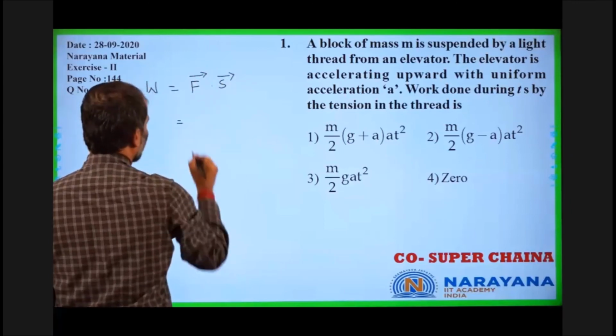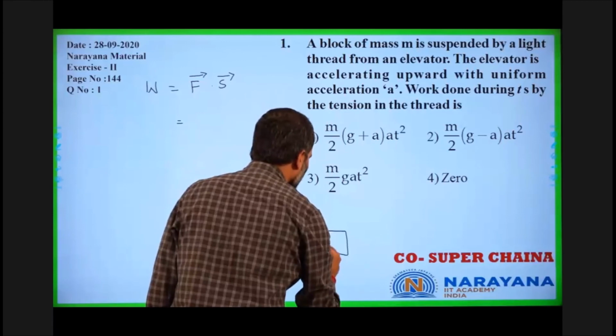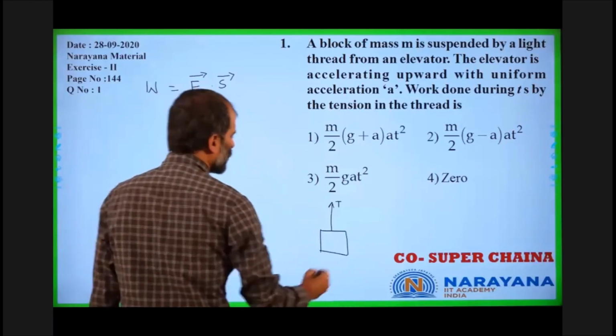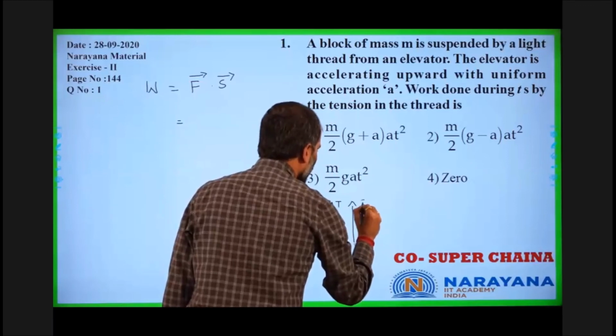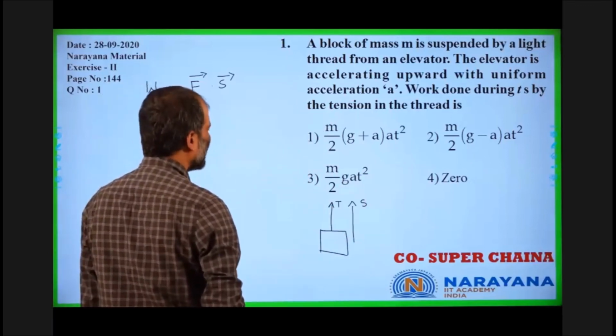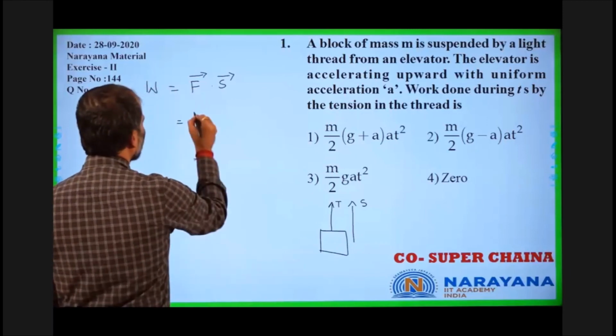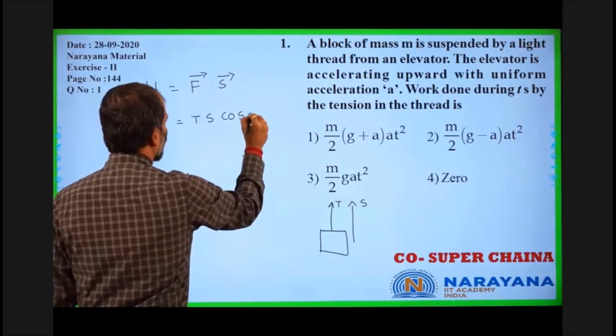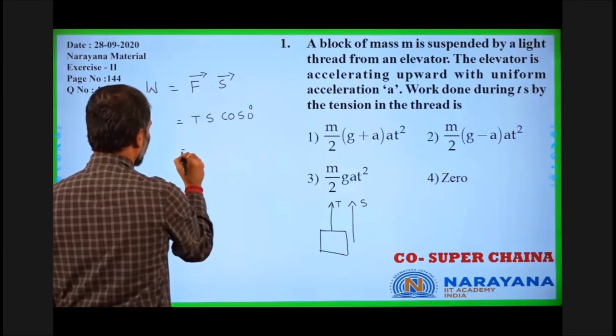Now when you consider an elevator like this, its tension would be acting vertically upwards. The elevator would also be moving in the upward direction. So displacement and tensional force are both acting along the same direction.